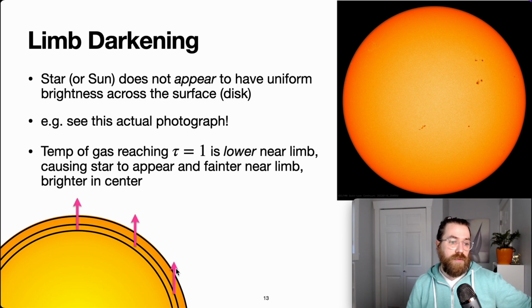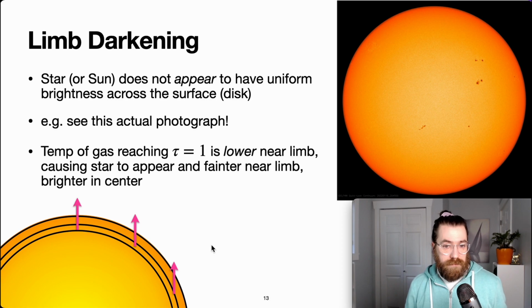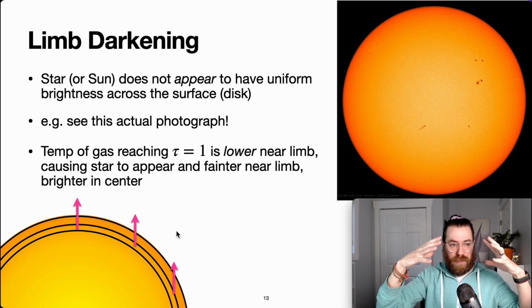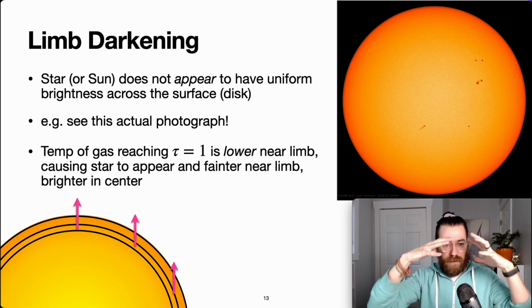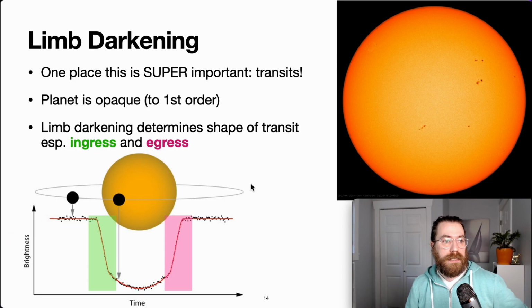And so you hit a tau of 1, you hit optical depth of 1 when you're in this cool lower luminosity gas, and that's why it looks cooler and it looks fainter. So that's limb darkening. That's why limb darkening happens. It's a geometric effect of the curvature of the star.